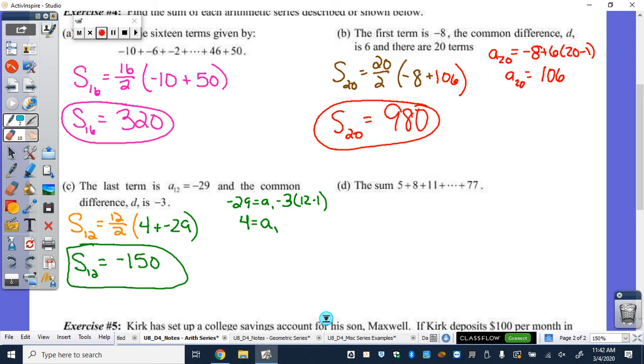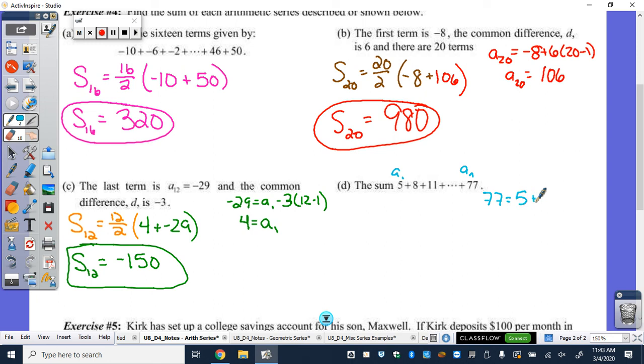Okay. So in our last one here, the sum of 5 plus 8 plus 11 plus up to 77. We know our first term. We know our last term. What's the one thing we don't know? How many terms we actually have. So again, we're going to have to figure that out first. So my nth term equals my first term plus, what's our common difference?